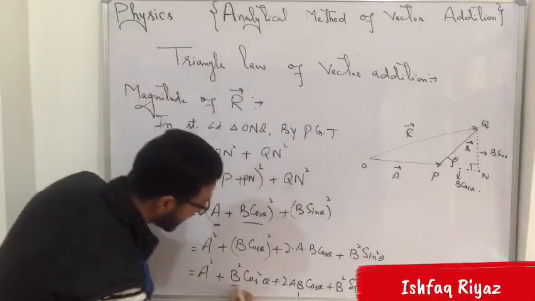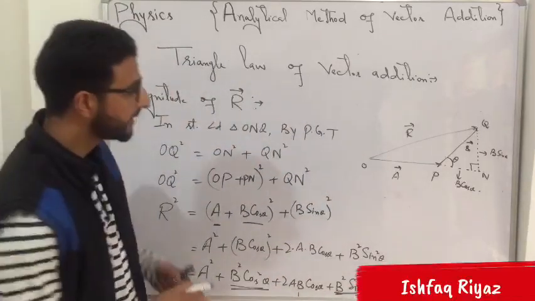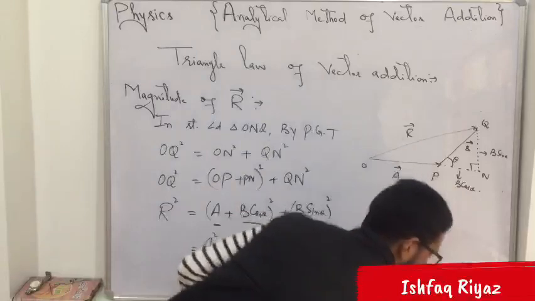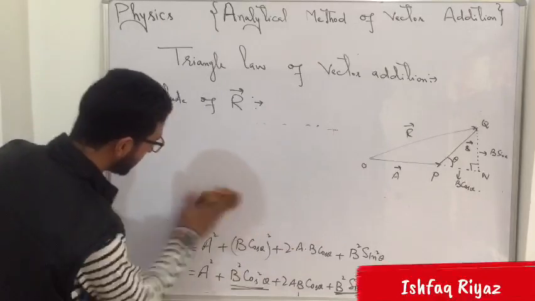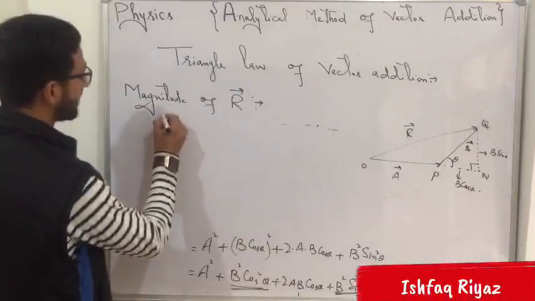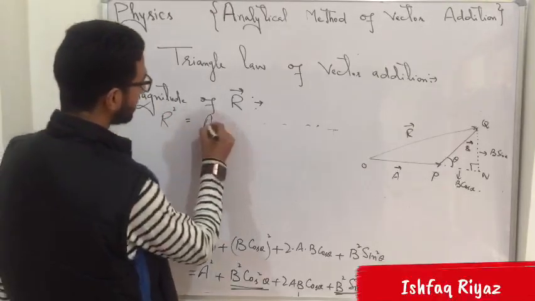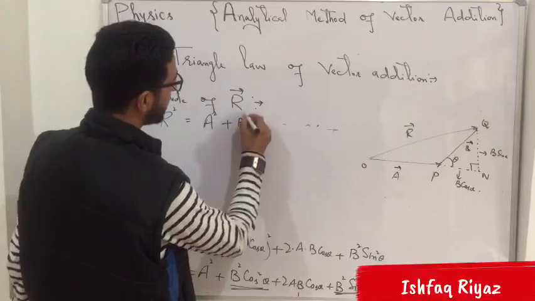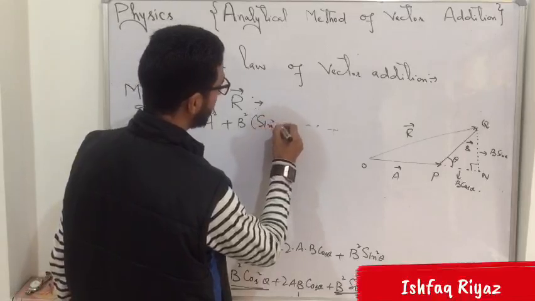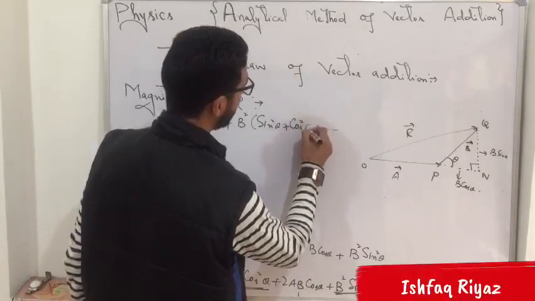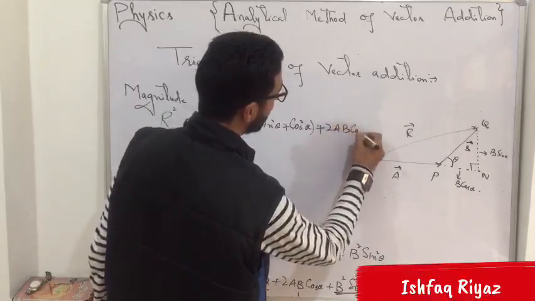Now see. यहाँ पे B square cos square theta है, यहाँ पे B square sin square theta है, so I will take B square common. So taking B square common, on LHS I have R square, magnitude of the resultant square, it is equal to A square plus B square common, here first I will write sin square theta plus cos square theta, ठीक है ना, plus one more term, 2AB cos of theta.